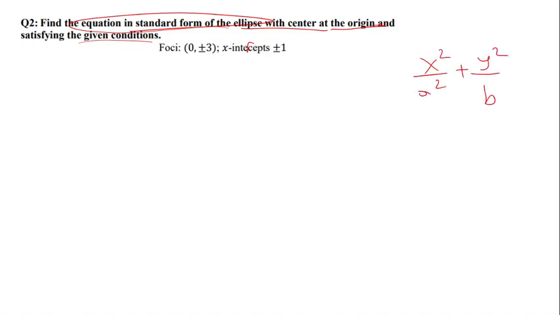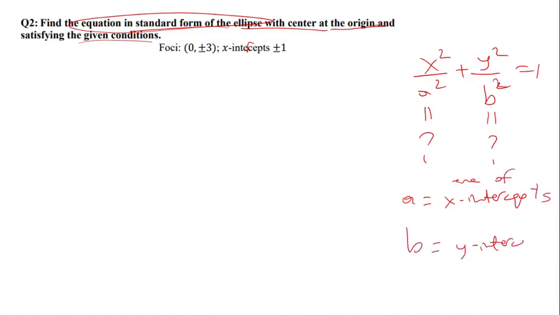Let's find the equation in standard form of the ellipse with center at the origin and satisfying the given conditions. The foci are (0, plus or minus 3), and the x-intercepts are plus or minus 1. For the equation, all the time we need x squared over a squared plus y squared over b squared equals 1, and in this case we have to find a and b. a is always the x-intercept, one of them, and b is one of the y-intercepts.